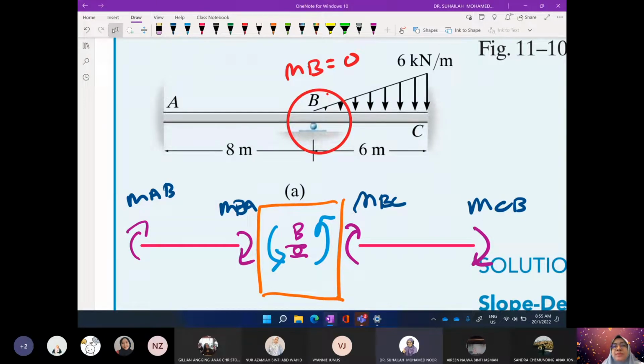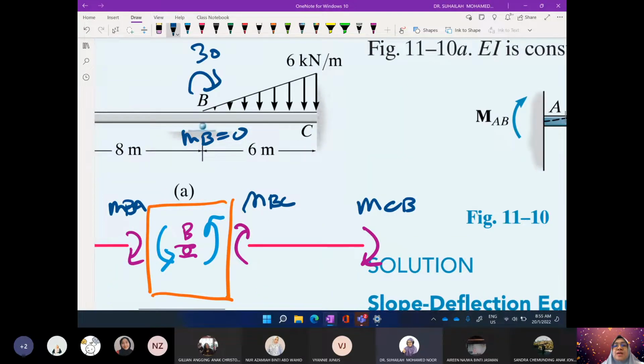So that is why in the table, for the column BA and BC, we will find that the two values are same but in opposite sign. Unless in the question we find something like this, then MB is equal to 30.